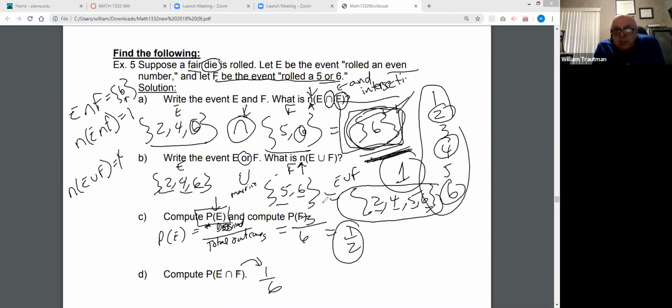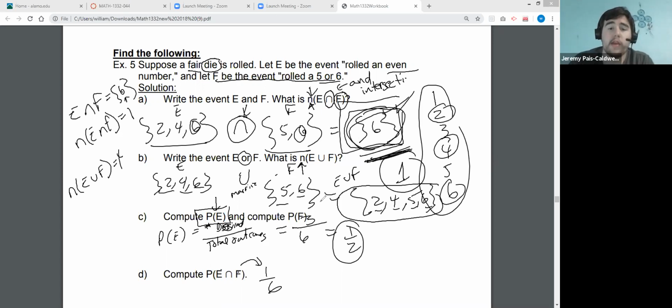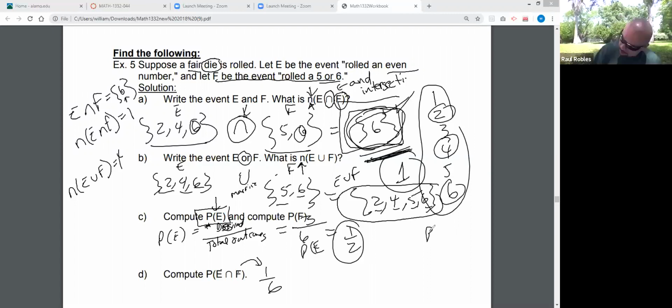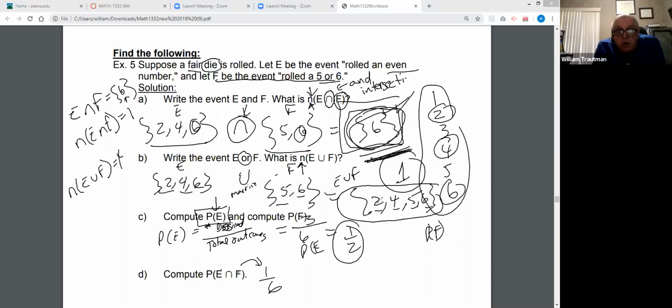Yes. You forgot, on C there's also the probability of F. There are 2 answers. So this was the probability of E, and the probability of F, if you look for F, where was F? Right here.